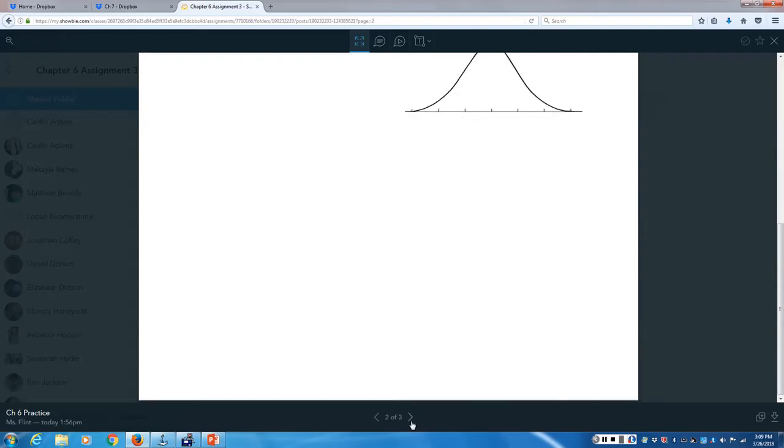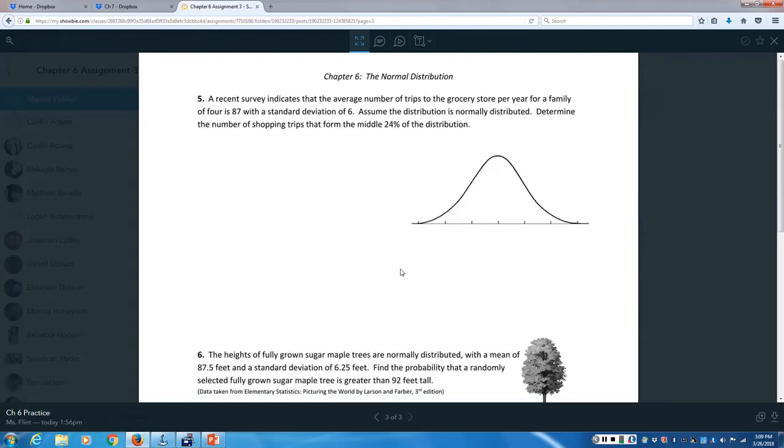The only difference in this and what you have printed out is that I've spaced it out more so that you would have more room if you're actually doing it in Show Me.